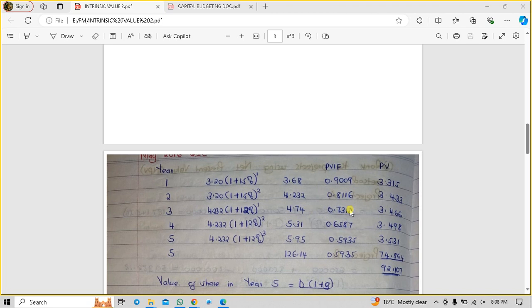The next one is 1 plus 11% to power negative 3, then 1 plus 11% to power negative 4, and the last one is 1 plus 11% to power negative 5. So PVIF is easy because we are just using power negative 1, 2, 3, 4, and then 5. You're supposed to get the PVIF for the first 5 years.